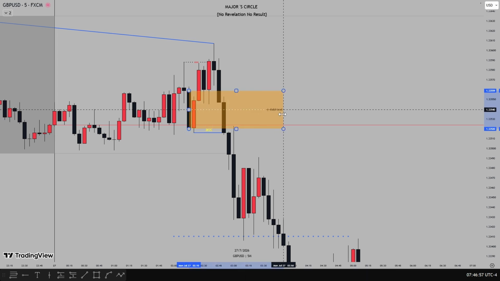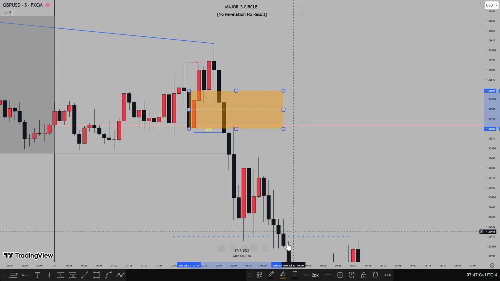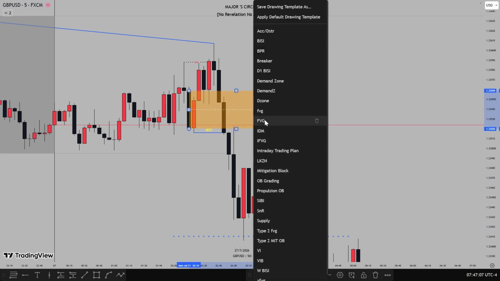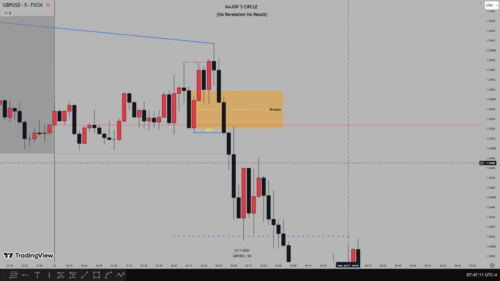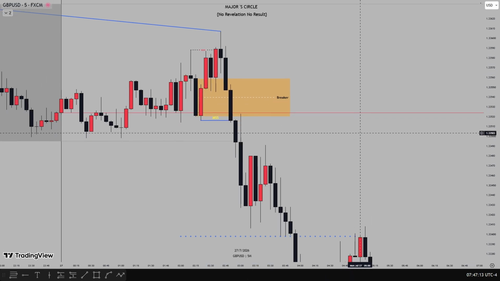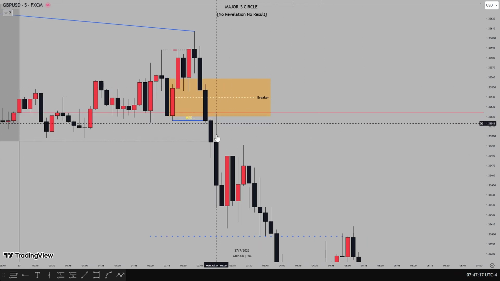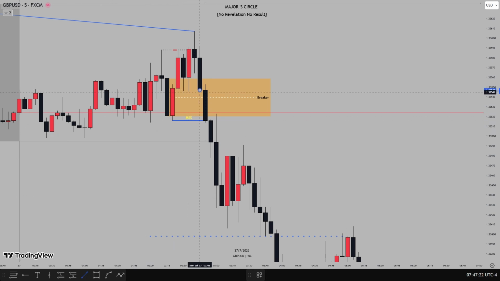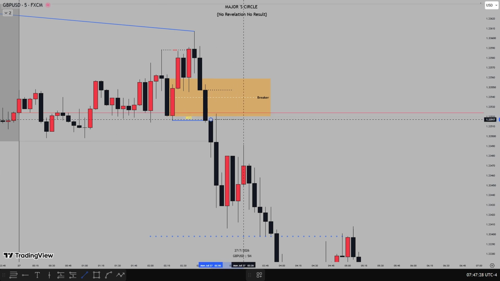You must understand that a breaker block is one of the most powerful PD arrays in the ICT concepts. It normally supports price very well, provided that you are in the direction of the order flow. So price traded into the breaker block, and a very powerful combination is that if we have a fair value gap and a breaker block, that is what we refer to as a unicorn model.